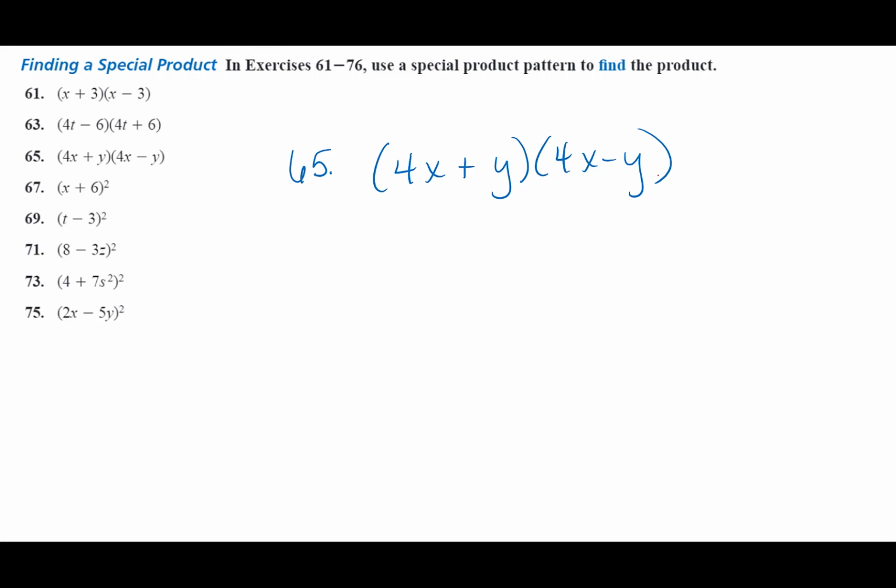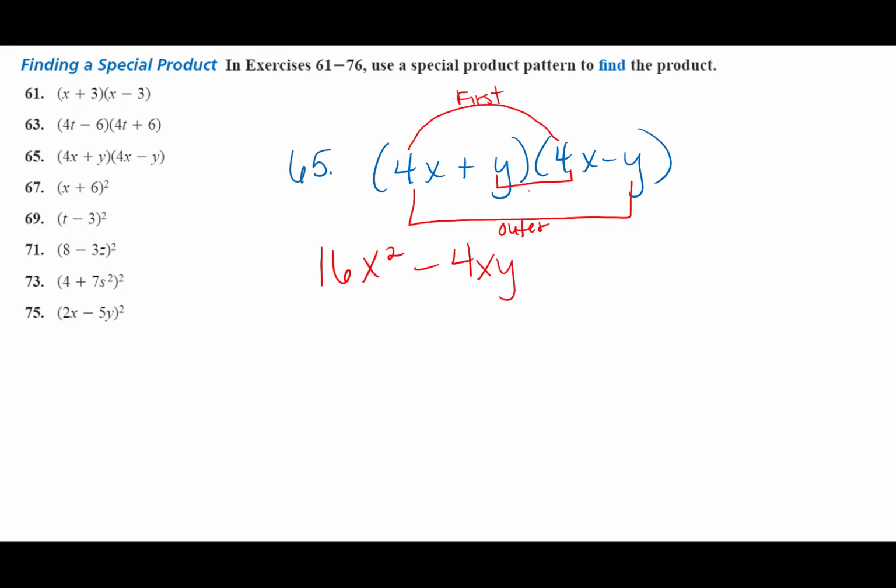you to pay close attention. We will use the FOIL method again, so we'll multiply 4x times 4x, which is 16x squared. Next, we'll multiply the outer terms, which is 4x times negative y, which is a negative 4. And anytime you're working with two variables, put those variables in alphabetical order, so it's xy.